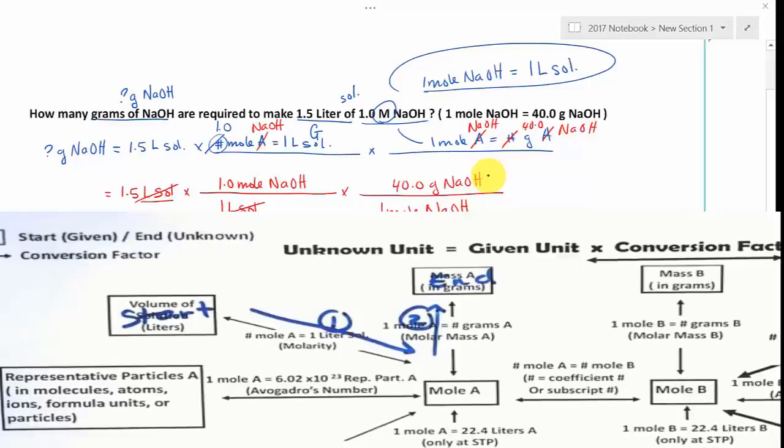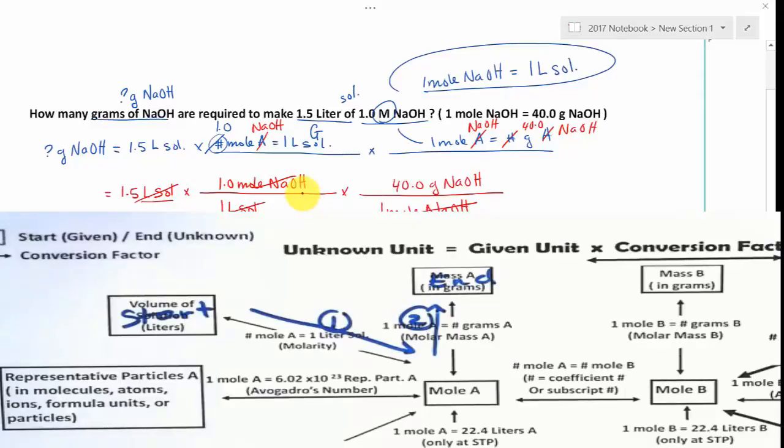And there you go. Isn't that easy? And moles of NaOH cancel each other out. And what do we have in the end? Multiply everything on top. So 1.5 times 40.0 grams of NaOH divided by 1. But we can ignore the 1.